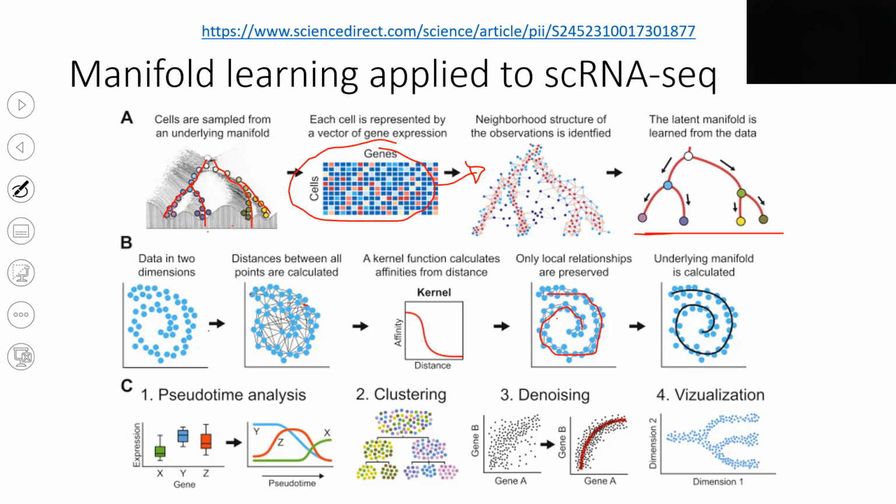So if you have this manifold learning idea about their pseudotime applications, you can help the cluster tree as you know the relationship between cells. So you can do the denoising and visualization, of course.